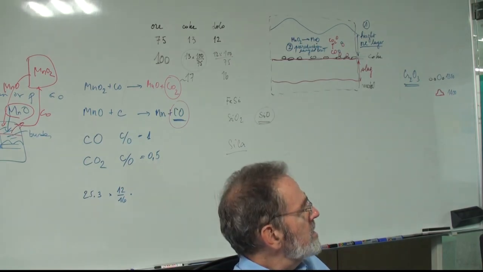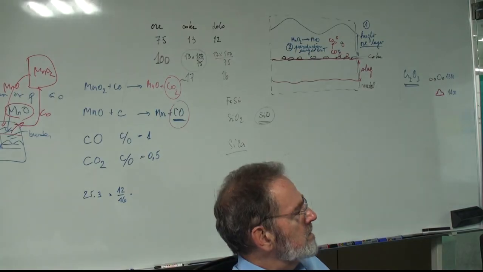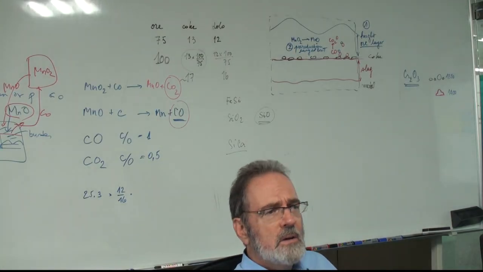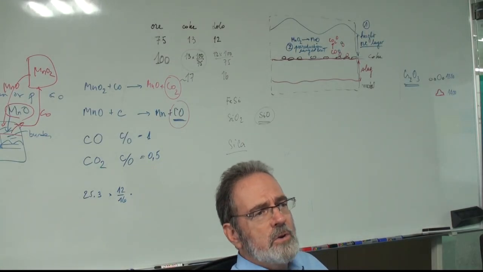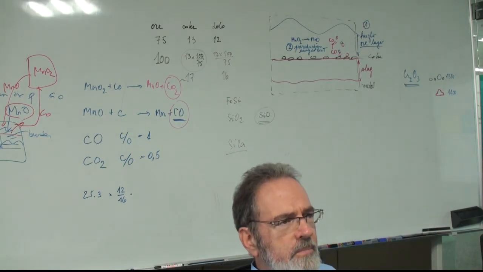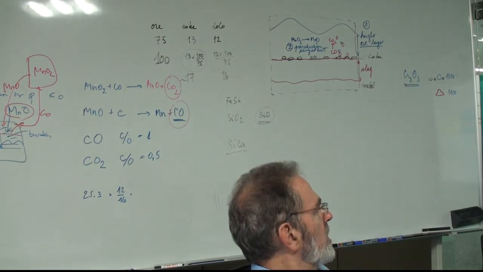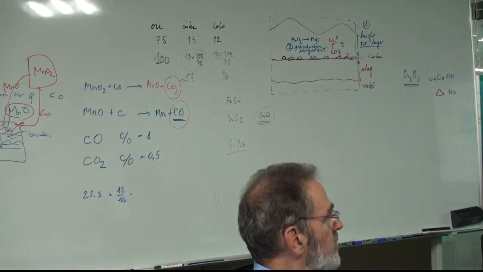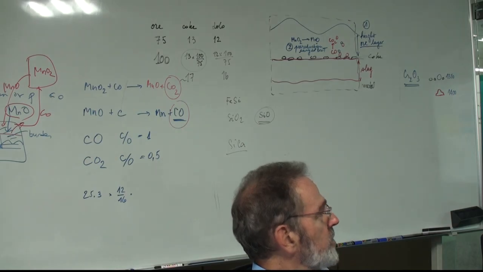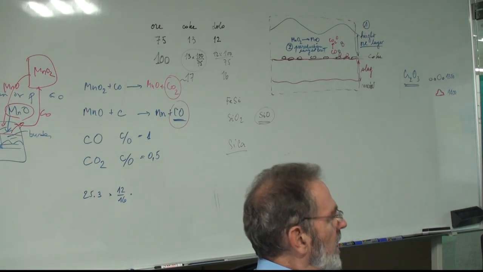And this figure is just the one that we already calculated, which is the kilo carbon per 100 kilo ore. Agree? So the total is this plus this, 14.2 kilo. Okay?